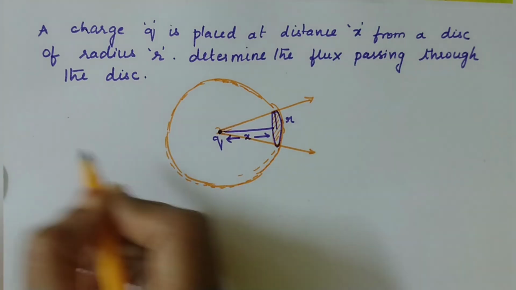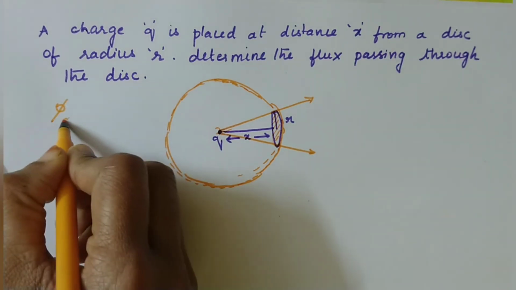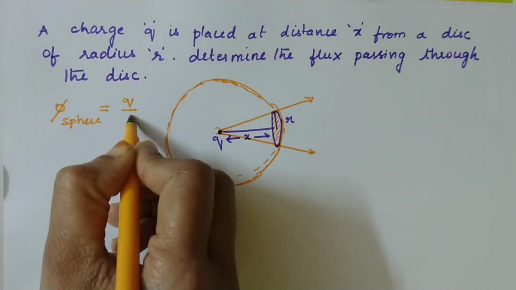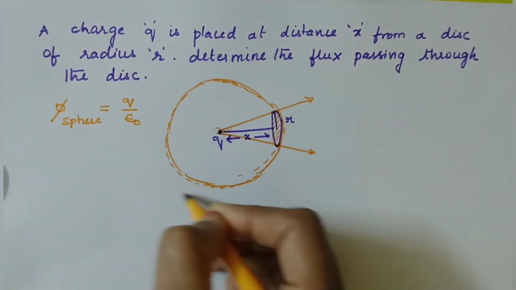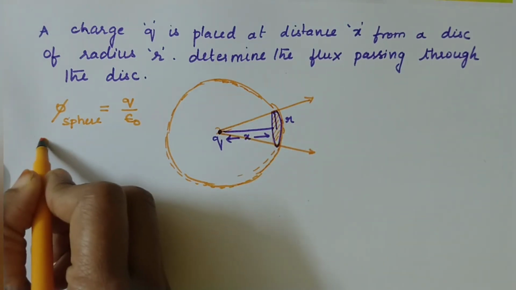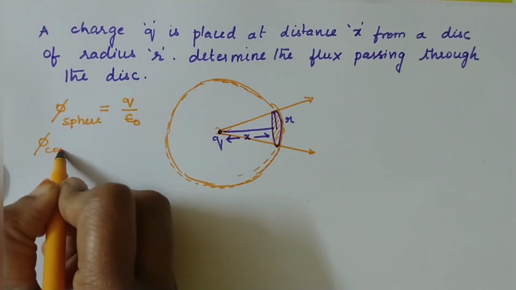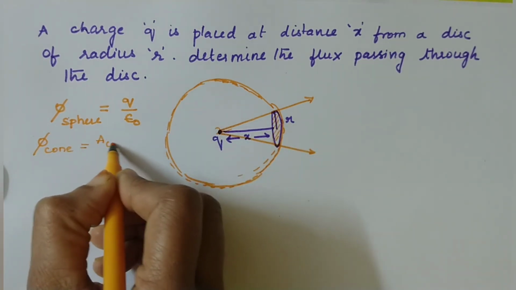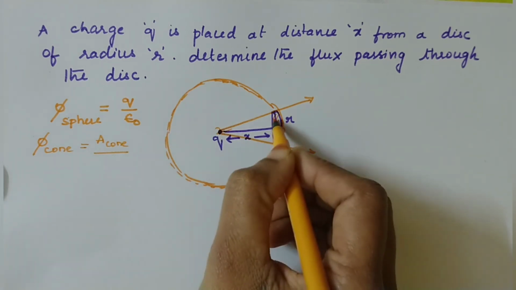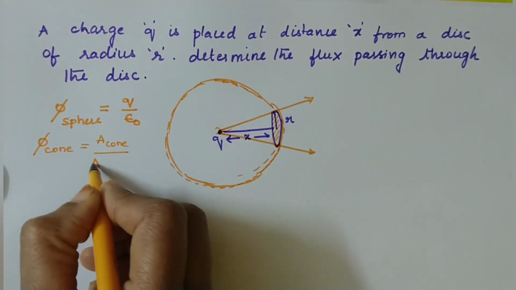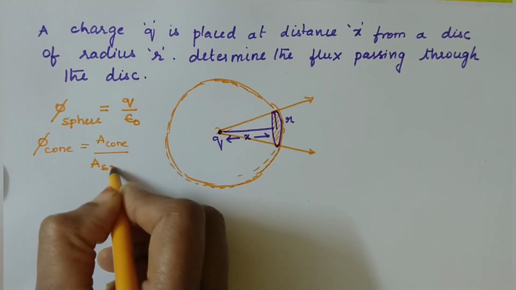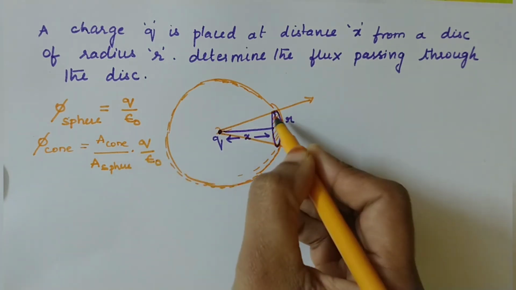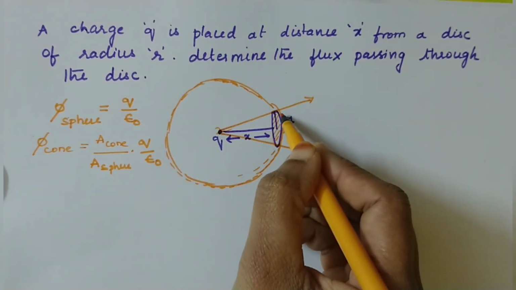So we know that the total flux passing through the sphere is Q by epsilon naught, because this sphere is enclosing a charge Q. So the flux coming out of this cone would be area of cone, that means surface area of the cone, by area of sphere into Q by epsilon naught. That means only a fraction of this flux is passing through this cone.